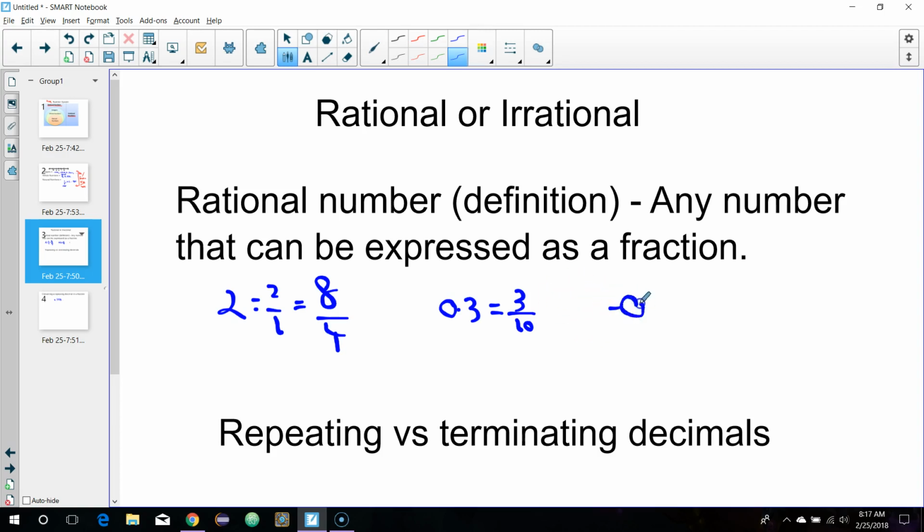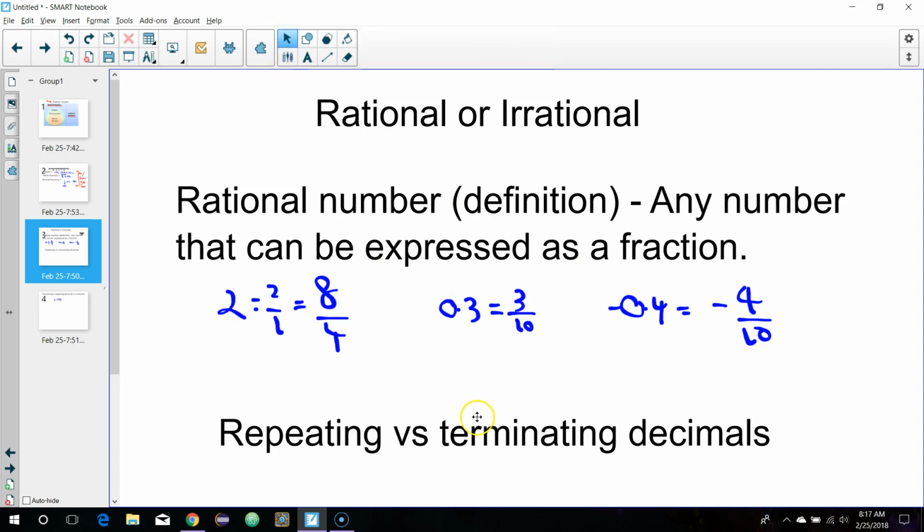Negative 0.4, is that a rational number? Yes, this time it's negative 4 divided by 10. So all of these will be rational numbers. If you can somehow find a way to convert a number into a fraction, it is considered rational.